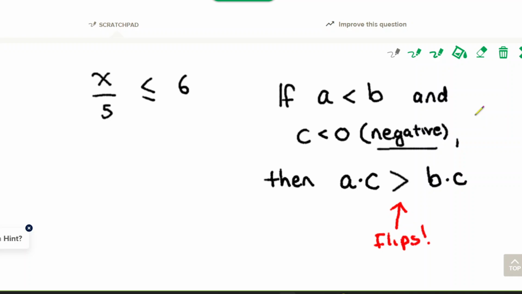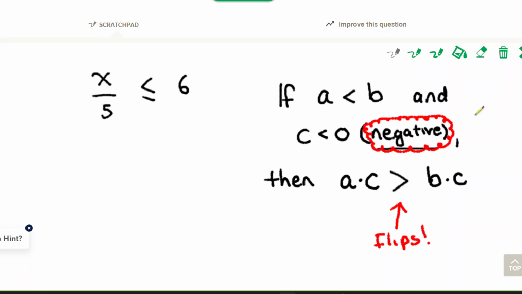Now again, this is only when we multiply or divide by a negative number. When you multiply or divide both sides of an inequality by a negative number, the symbol will flip, will change direction. Otherwise, adding, subtracting, multiplying by a positive number, none of that changes the symbol. So please be aware of this.